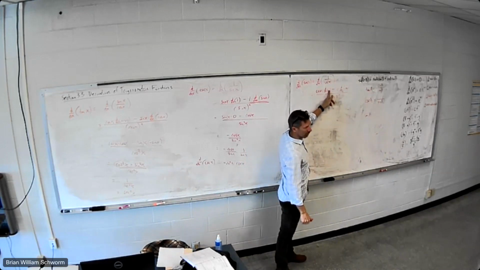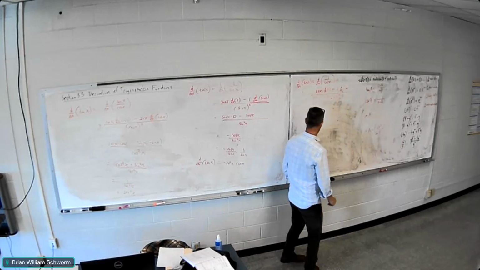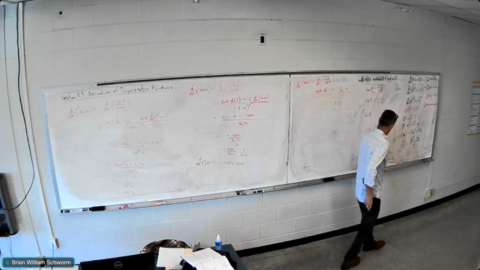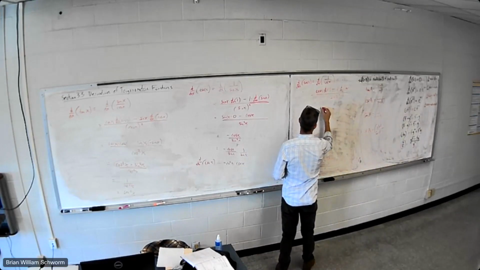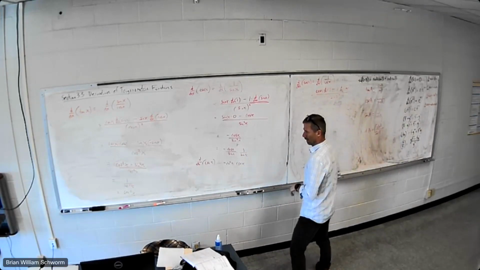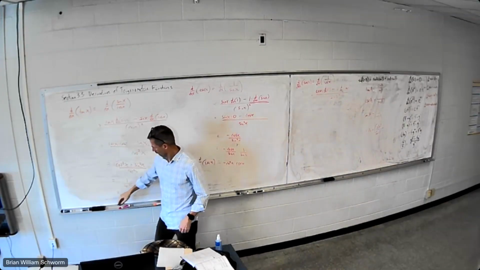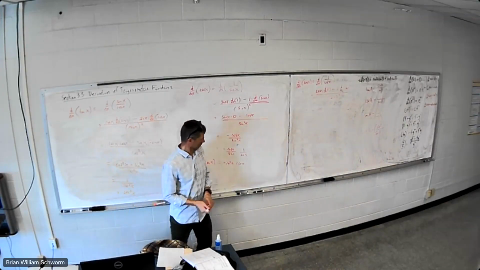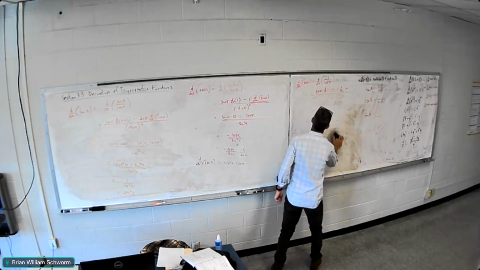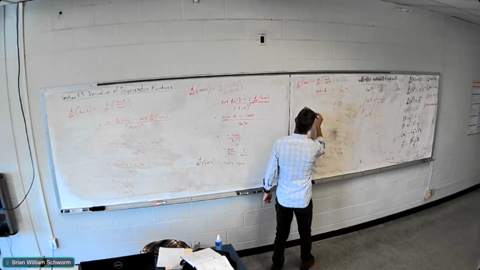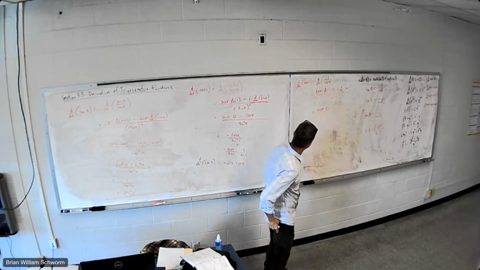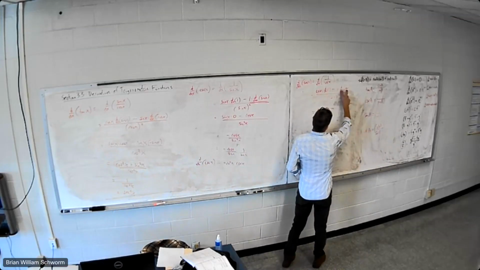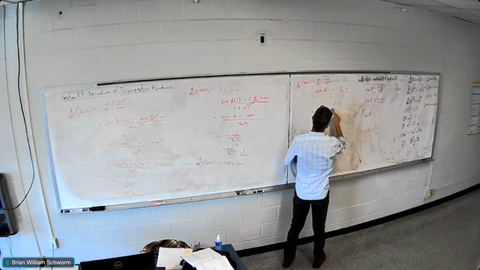Just like over there, derivative of 1 is 0, it's a constant. Cosine of x times 0. Derivative of cosine is negative sine.